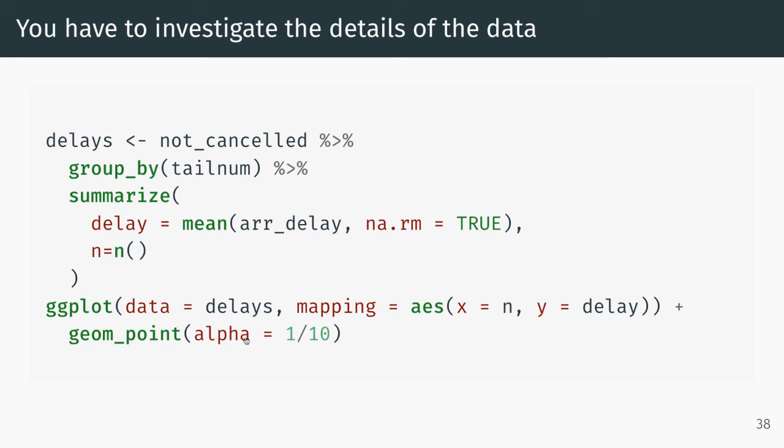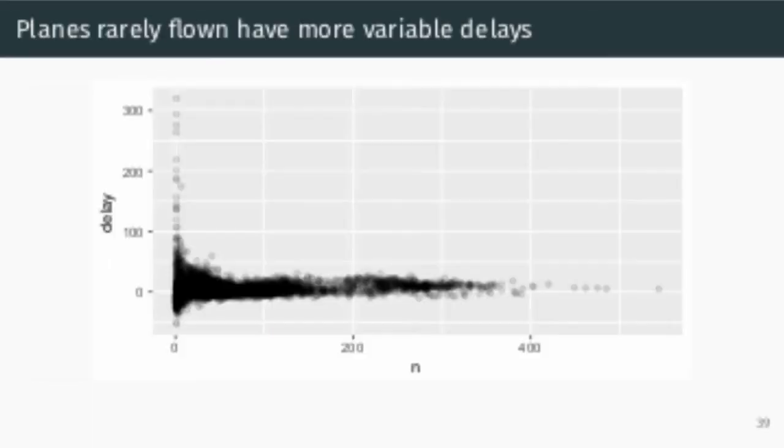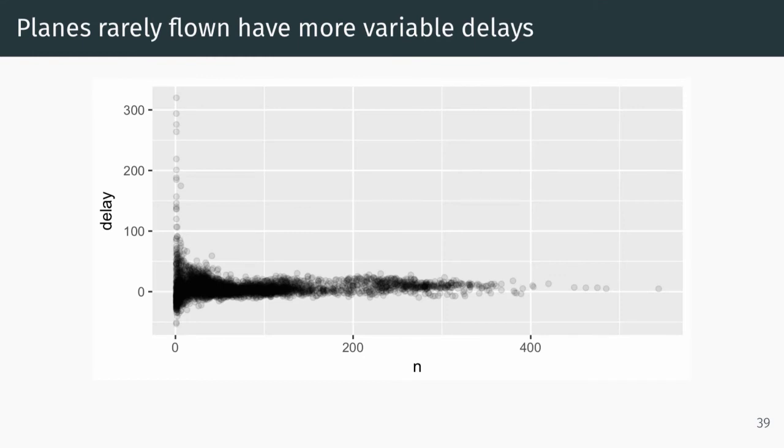So this is very low opacity. 1/10 is very low opacity. So you can see, each one of these circles represents a tail number. So each one of these circles represents a unique plane. And so some of these planes have just barely more than 0 flights.